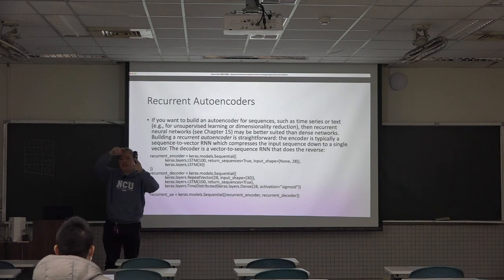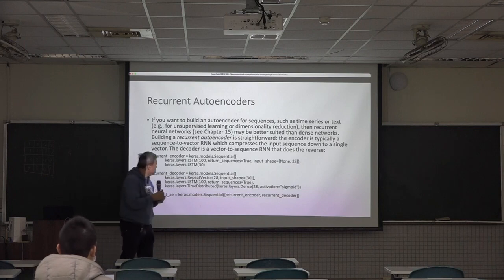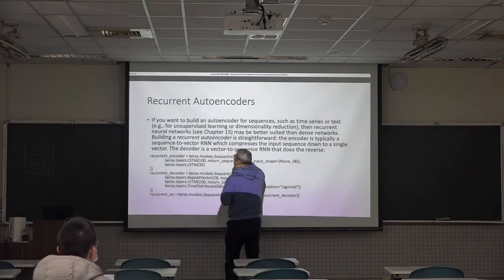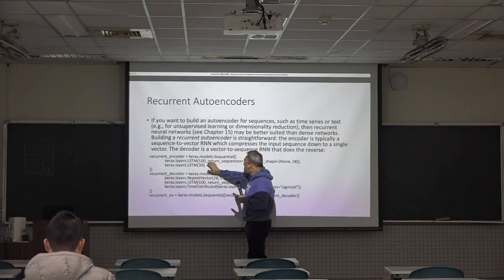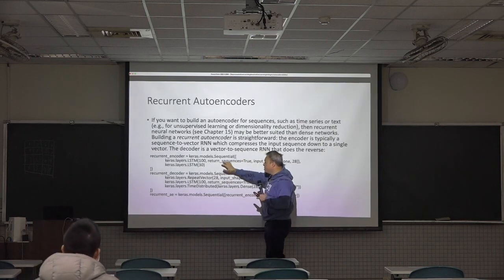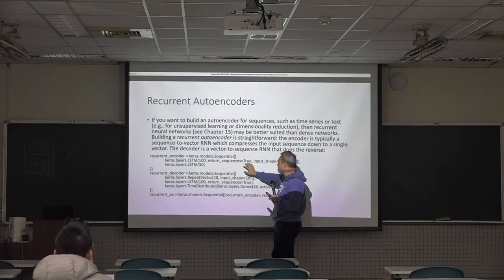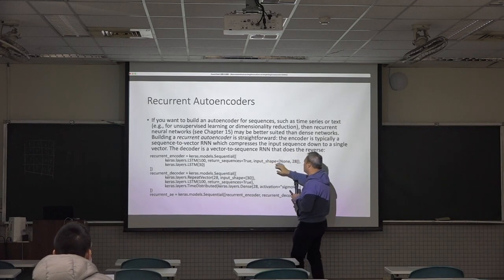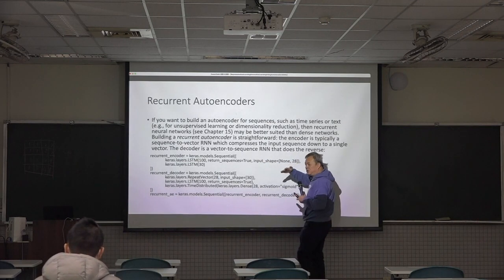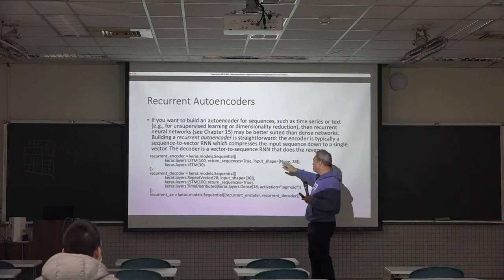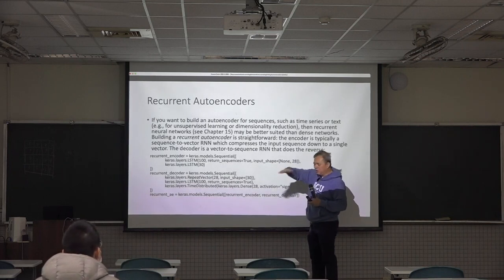So we have 28 rows, and each row has 28 pixels. Here we use the LSTM with 100 neurons, and the output is sequential as well. The input shape is none by 28, which means each input is a sequence where each row is 28.